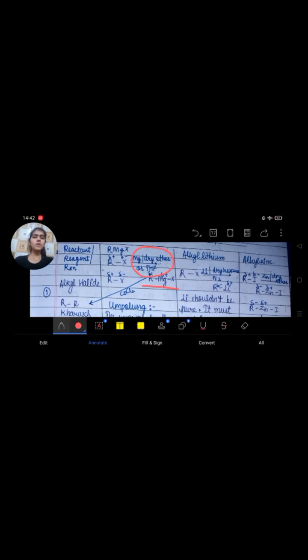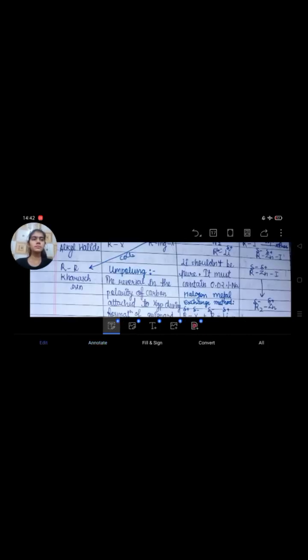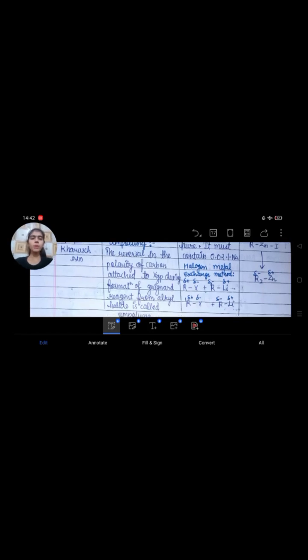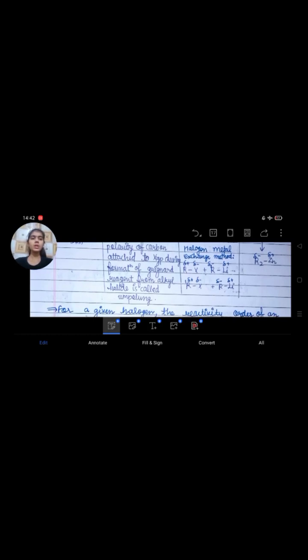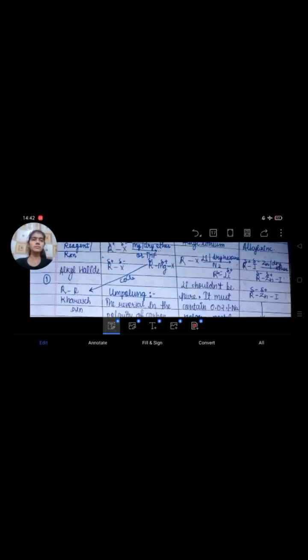Also, it shows the umpolung effect. Umpolung effect means the reversal in the polarity of the carbon attached to the halogen group during the formation of Grignard reagent from alkyl halide.